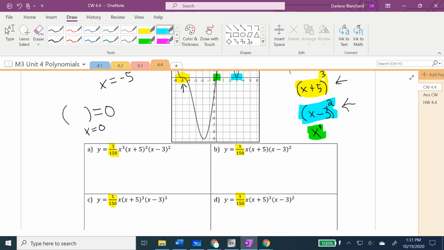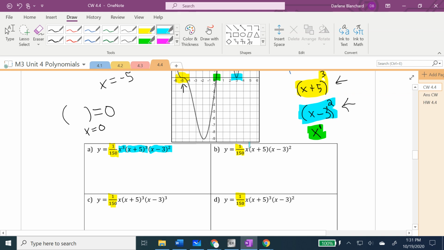After that, I have a factor that causes an x-intercept of 0, and that multiplicity is 3. This tells me that I have an x-intercept of -5 with multiplicity 3. And this says I have a 0 of 3, an x-intercept with multiplicity 2.